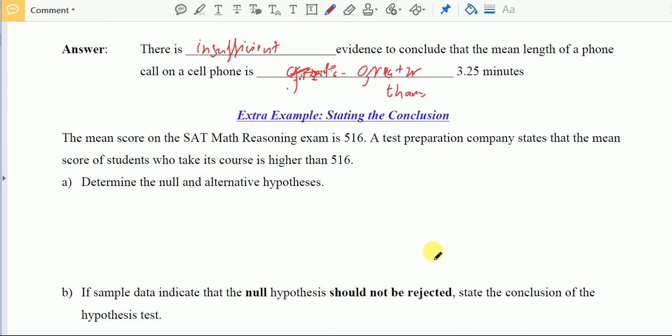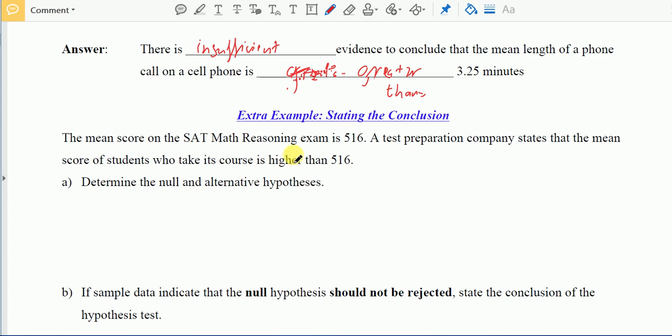Stating the conclusion. The mean score on the SAT math reasoning exam is 516. A test preparation committee states that the mean score of students who take its course is now higher than 516. Determine the null and alternative hypotheses.